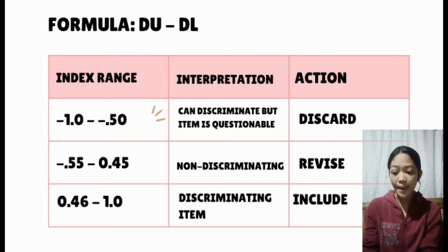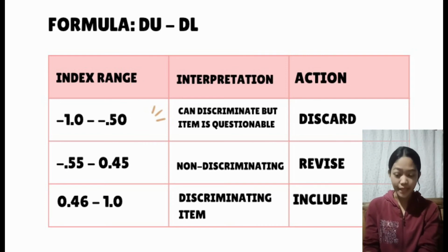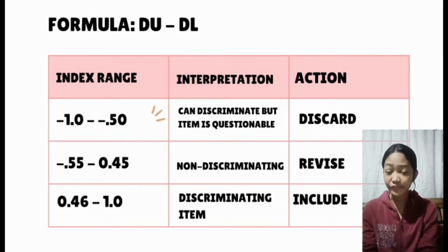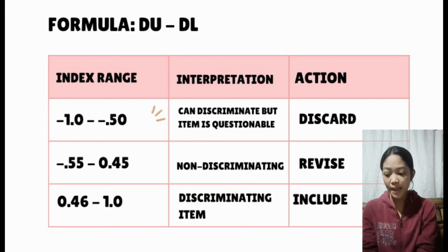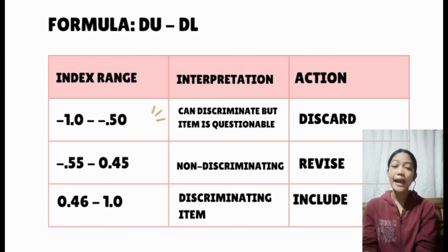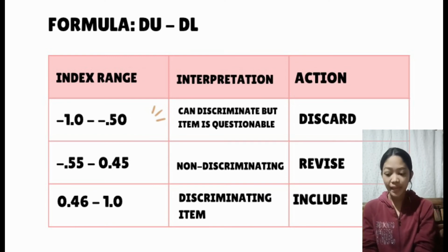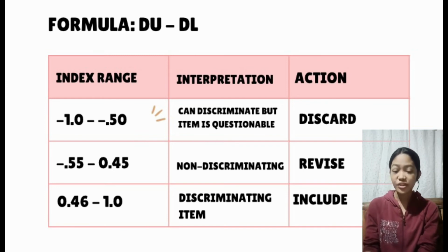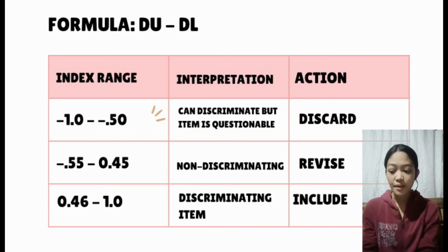If the item has below 0, it suggests a problem. Kapag yung item ay discriminating negatively, overall, the most knowledgeable examinees ay hindi nakakakuha ng tamang sagot. A negative discrimination index may indicate that the item is measuring something other than what the rest of the test is measuring.